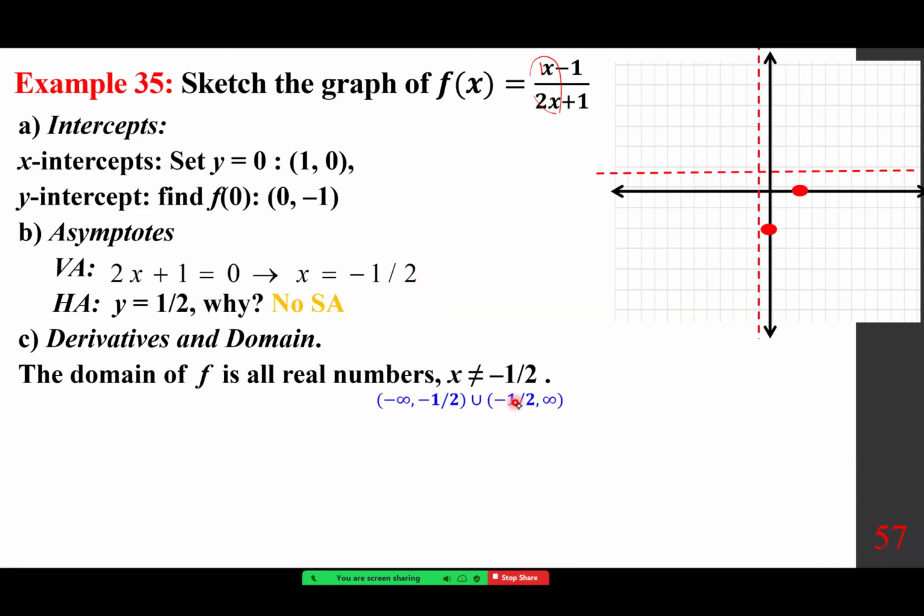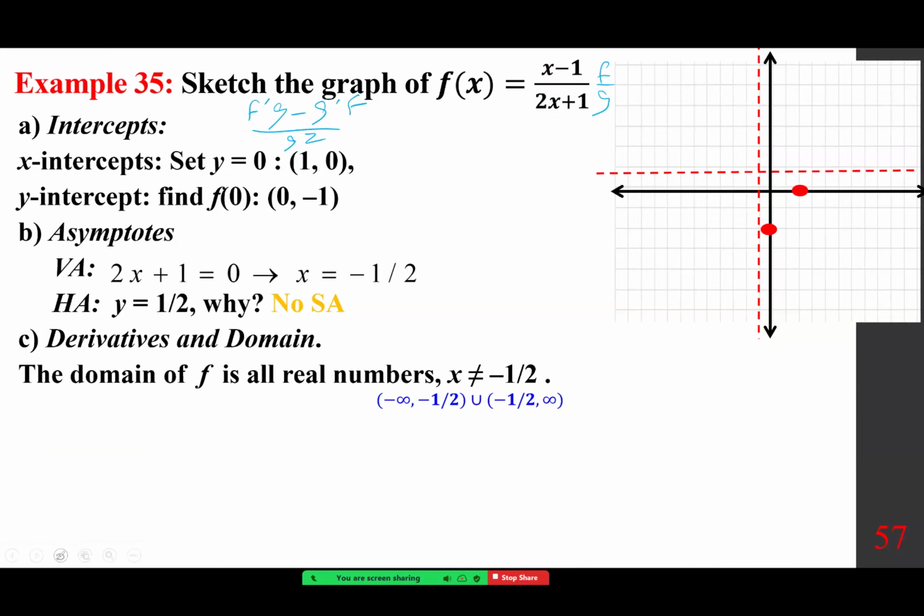Now we want to take the derivative because we want to look at local extrema and so forth. To differentiate this, it's pretty simple. We use the quotient rule: f prime g minus g prime f over g squared.